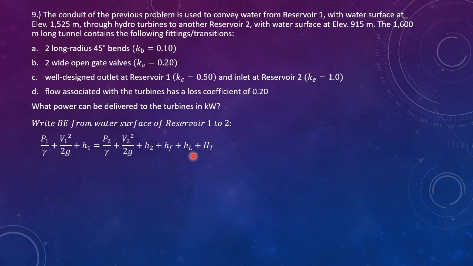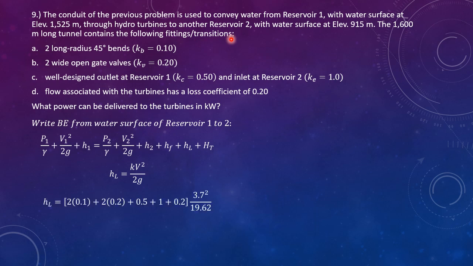HL is what we call the minor head loss, which is equal to K V squared over 2g, wherein K is the summation of all the coefficients of the fittings or transitions.